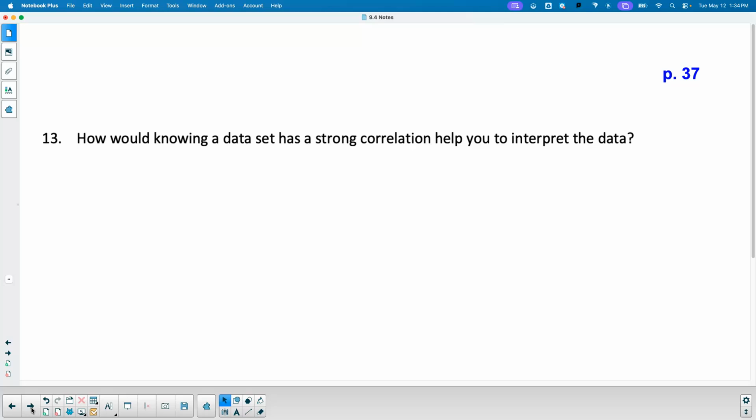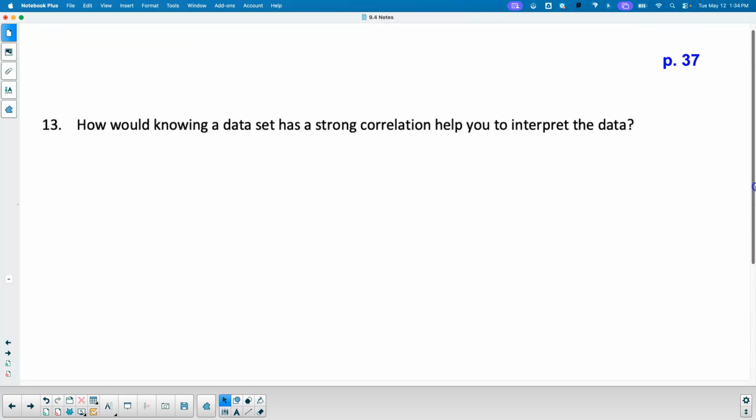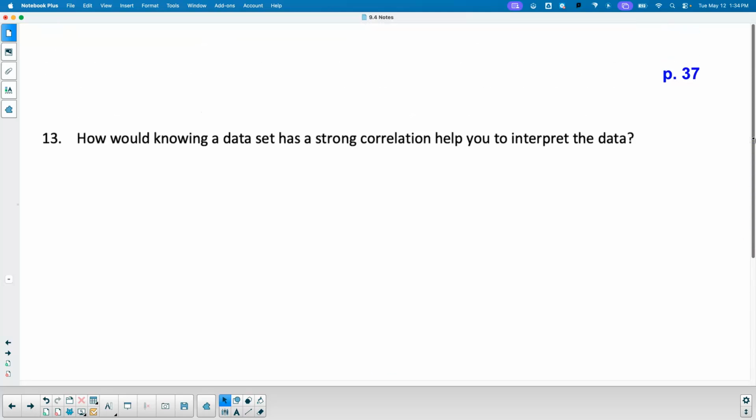Ooh, that's good. I like that. I think that's it, right? We're going up to 37, right? That's the last page. Oh, no, there's more. It goes to 40. Caramba.